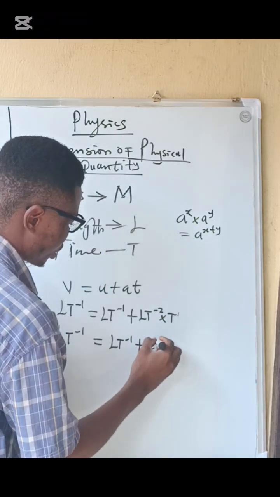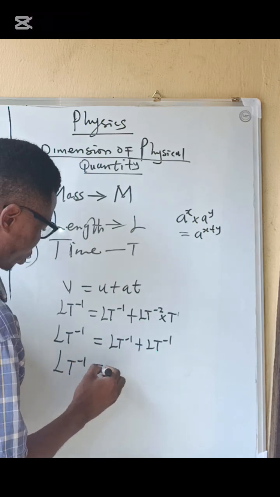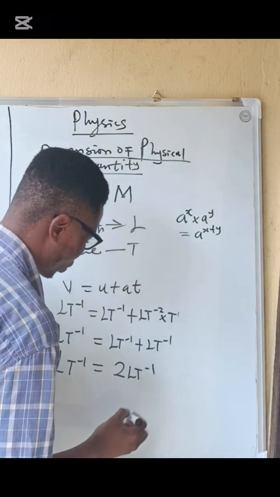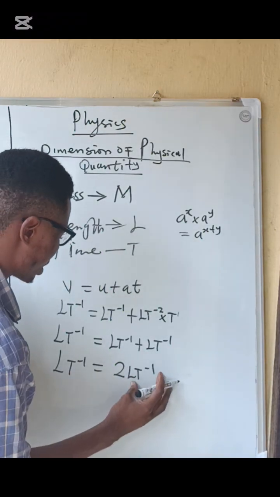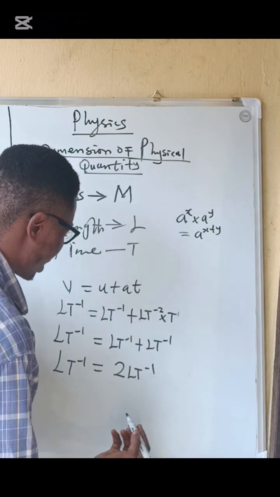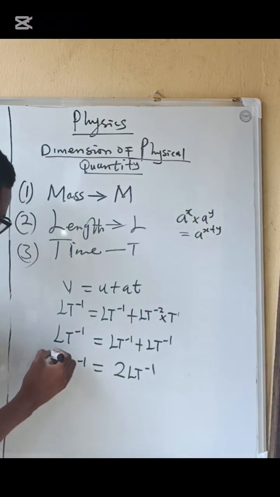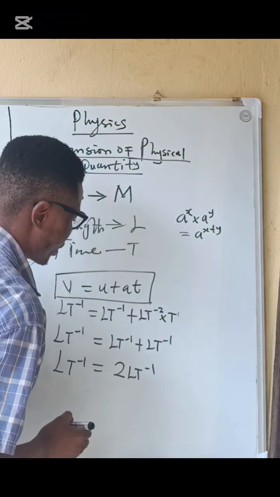So plus LT minus 1. So you now have LT minus 1 equals, add these two together, 2 LT minus 1. If you look at this, ignore the coefficient. The dimension that we have on the right hand side is equal to the dimension that we have on the left hand side. So it means that this equation is dimensionally correct.